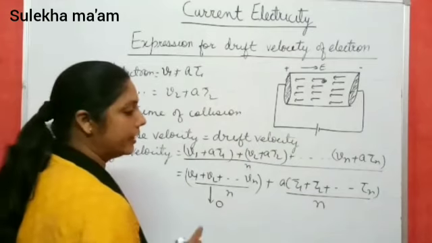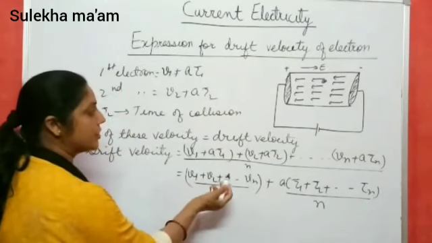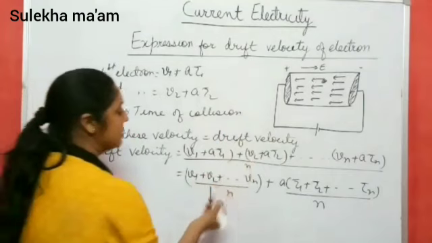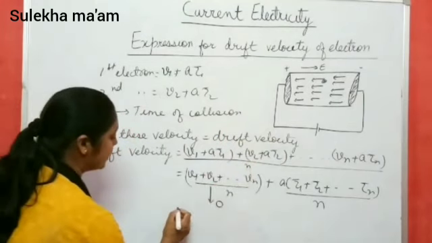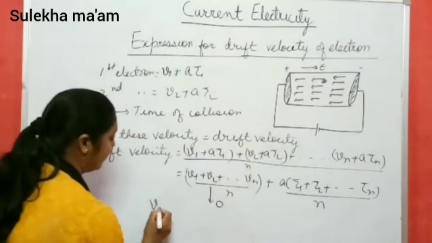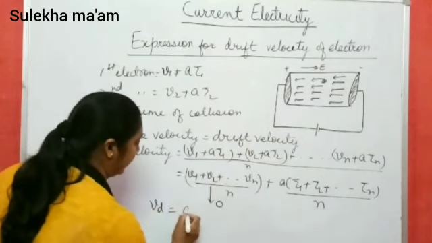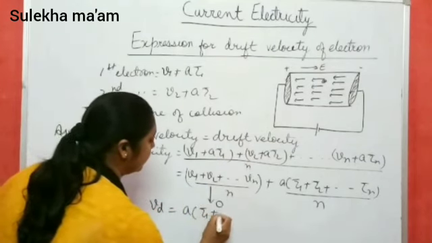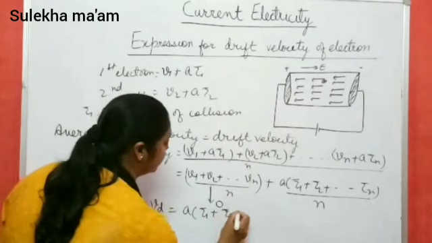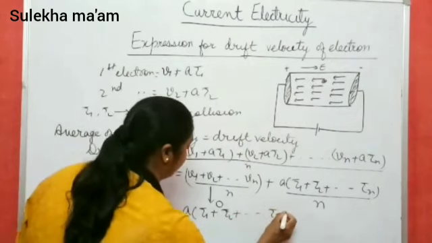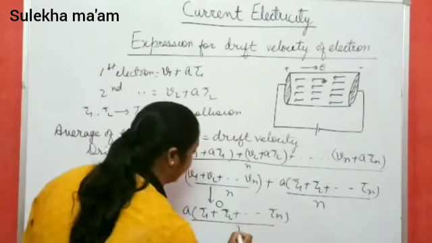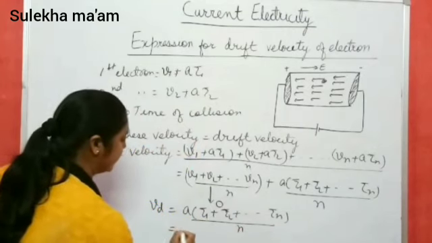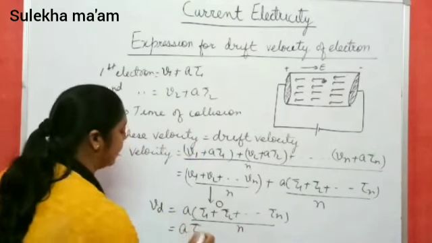Equation 1 we have already written: the average thermal velocity of these electrons becomes 0. So what is left is the drift velocity. You denote drift velocity with Vd, equal to a times tau 1 plus tau 2 plus up to tau n, by n, and you can write this as a tau.